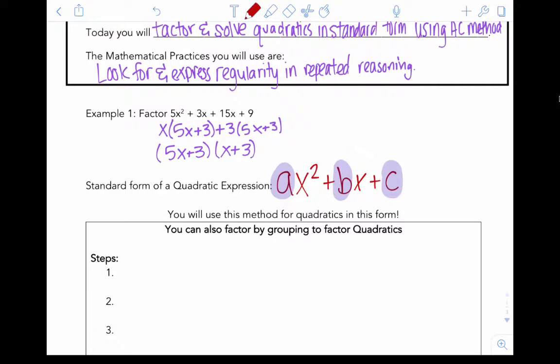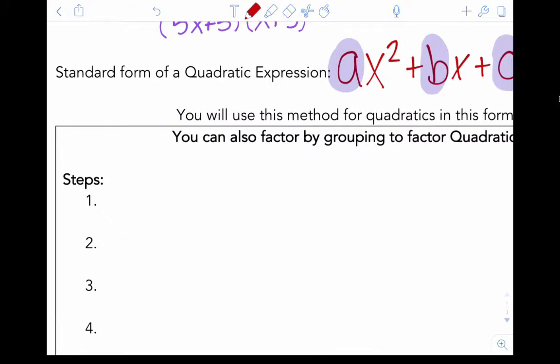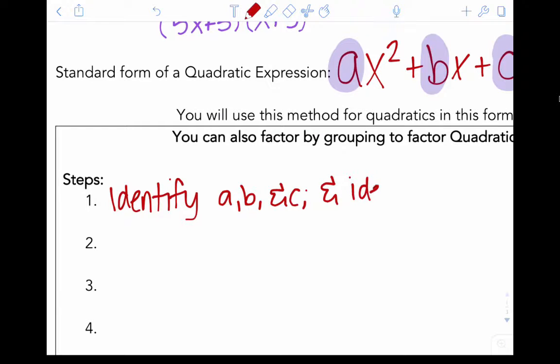The first step is we're just going to identify what A, B, and C are in that standard form, and then we're going to identify A times C. So A and C are going to be numbers, so when we multiply them together, we're just going to have a different number.